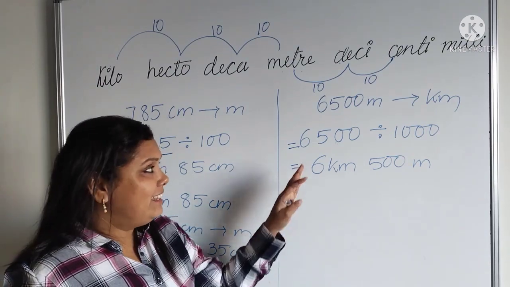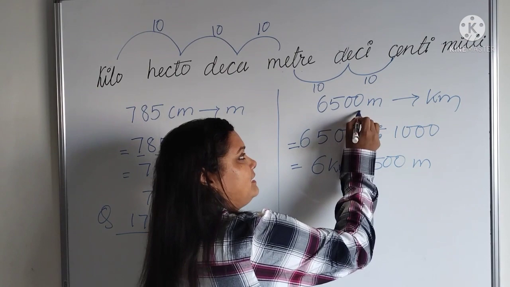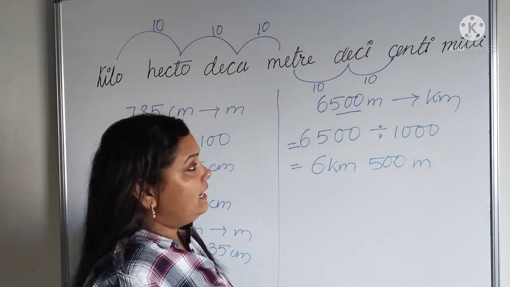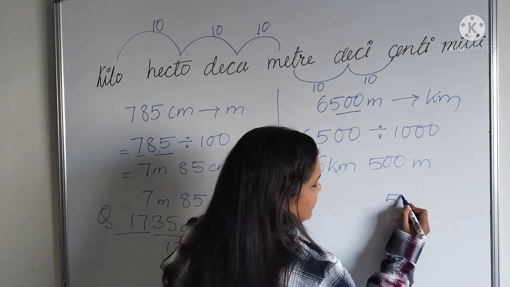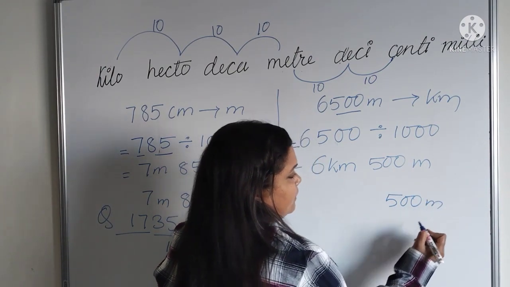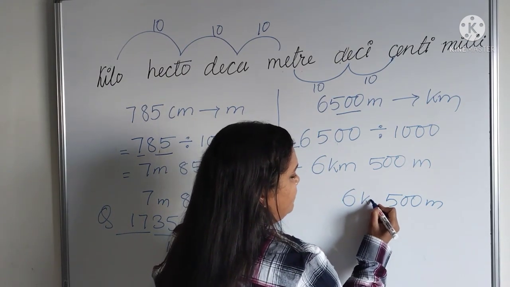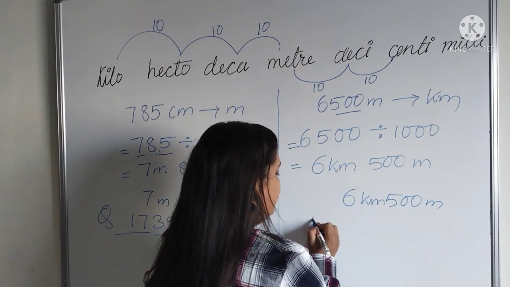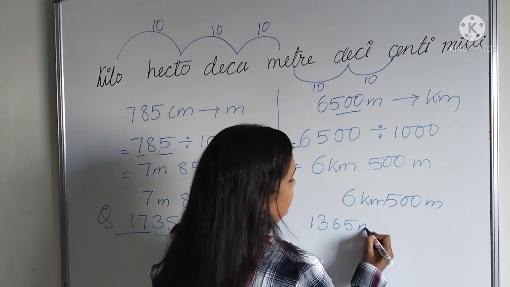Now, is there any trick in this also? Yes, there is one trick. So last 3 digit will be meter and the remaining digit will be in kilometer. The last 3 digit here is 500. This is in meter, and the remaining digit, that is 6, is kilometer. Now take one more example. 1365 meter to kilometer.